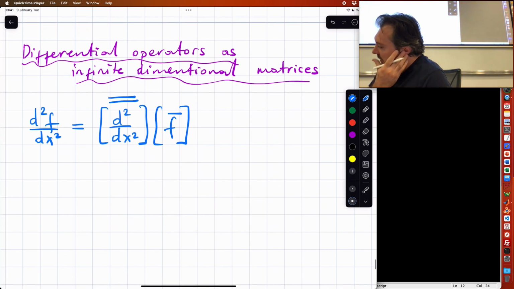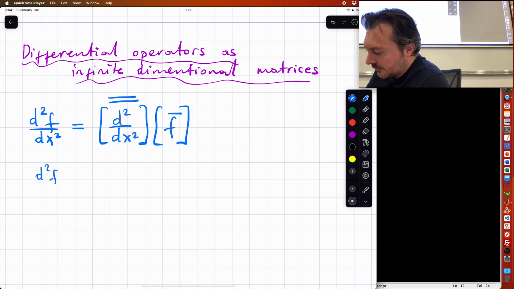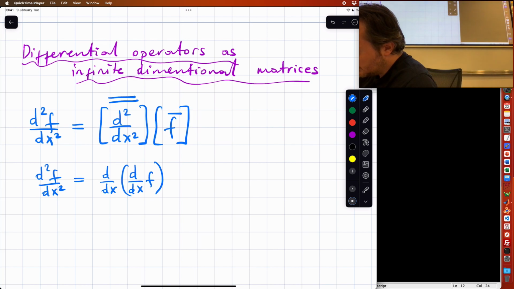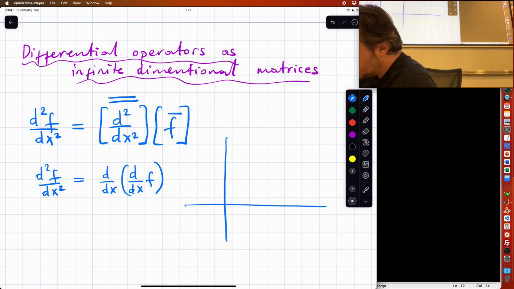This is a matrix because of how you define d squared f over dx squared. It's d over dx of d over dx, the derivative of the derivative. So how do you define the derivative? Let's say you have a function, and let me pick 3 points: 1, 2, 3.